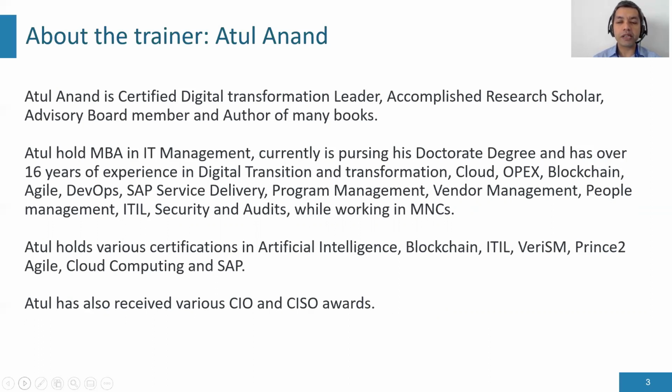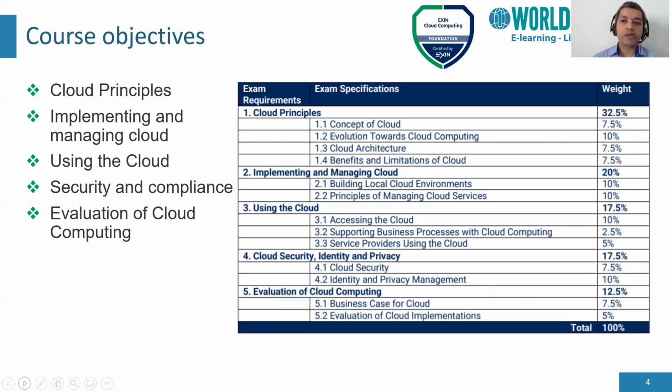Now, let's begin the course. This is the high level overview of the course. The course has been divided into 5 main modules. The first module is cloud principles, the second is implementing and managing the cloud.